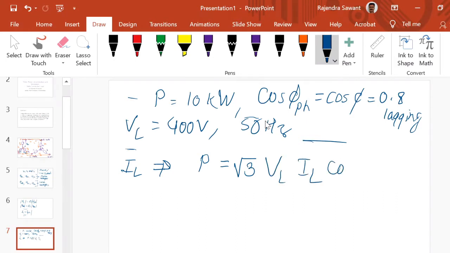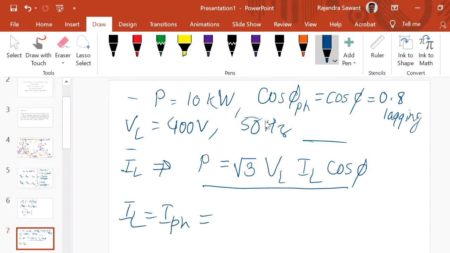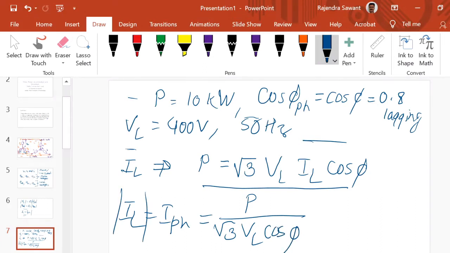This is the formula which we have seen in the theory class. From this we can get IL, which is the same as IPH, equal to P upon root 3 VL cos phi. So from this we can directly get the magnitude of IL.